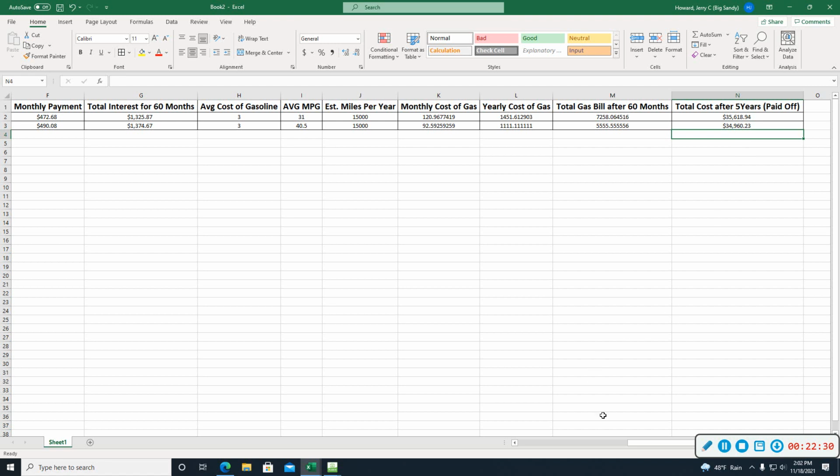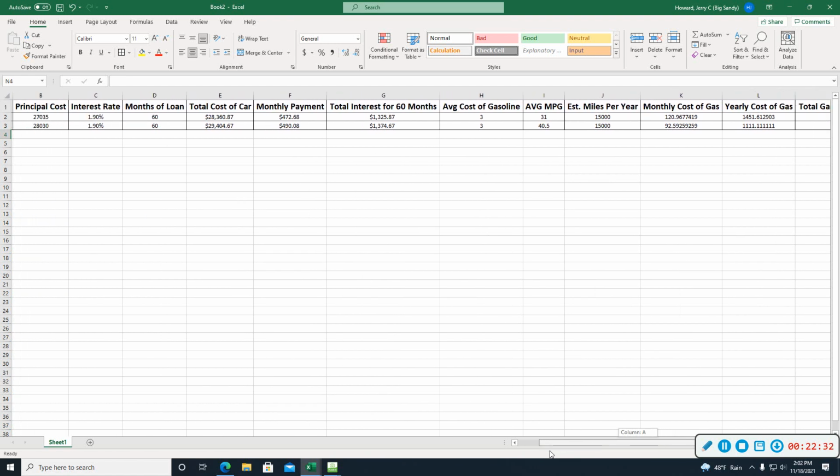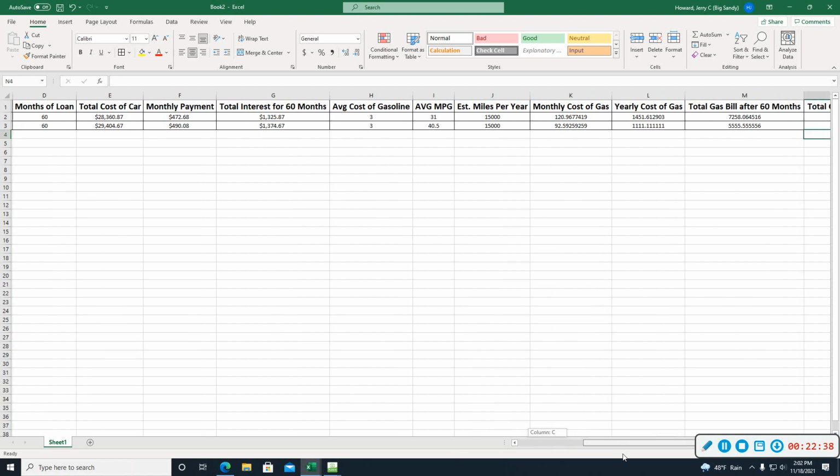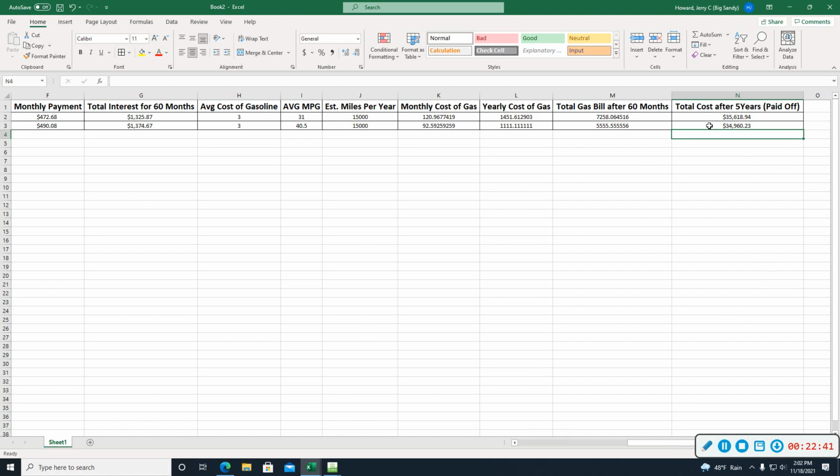So price wise, if you're just looking at the vehicle, the hybrid's going to be just a little bit more expensive, not by much. But if you look at the total cost after 5 years, you're seeing a little bit of difference here.